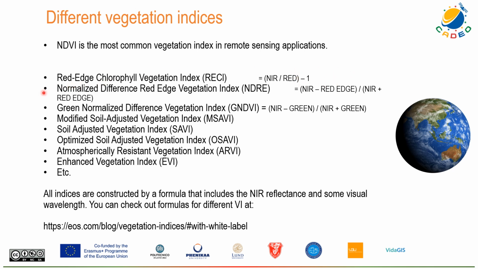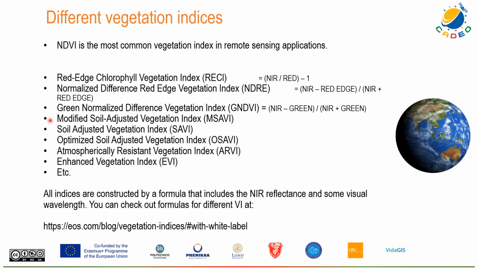We have the normalized difference red edge vegetation index, NDRE, which is the near minus the red edge divided by the near plus the red edge. We have another index called the green normalized difference vegetation index, where we have the near infrared minus the green divided by the near infrared plus the green. So there are many different.